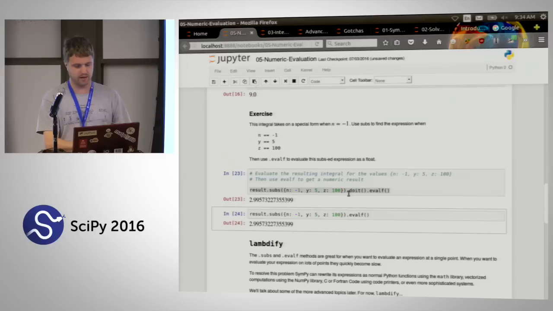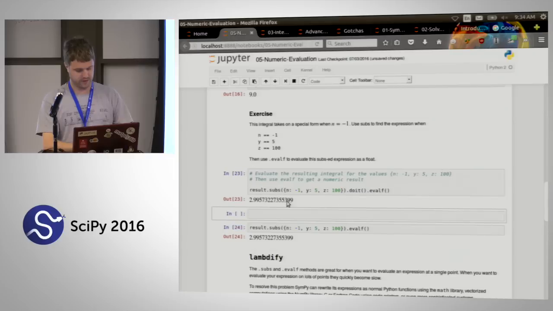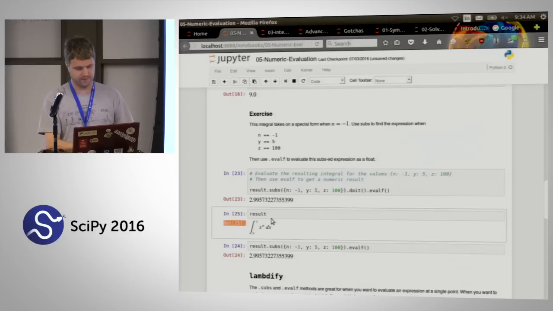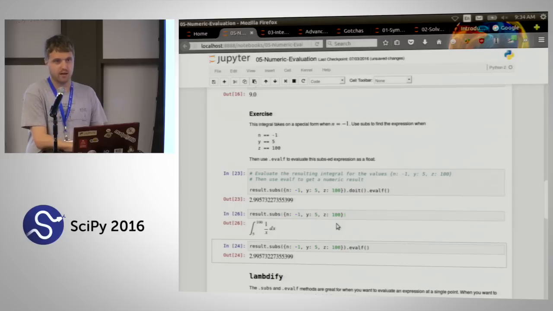So this one up here is basically evaluating this log 100 minus log 5. And this one here is taking this integral and evaluating it numerically.